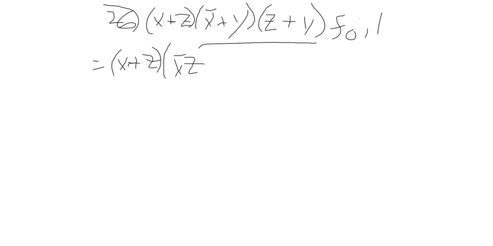Anyway, I get an xy from my first, then I get an x naught z, then I get an x naught y, or yz, or yy. And of course, that one becomes just y, because anything or itself is just itself, right?